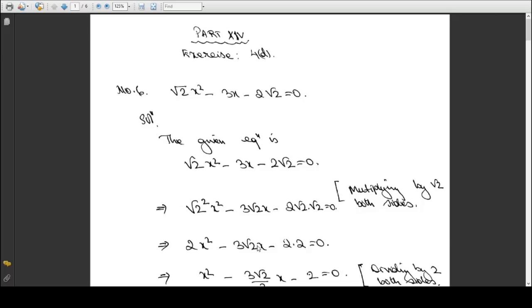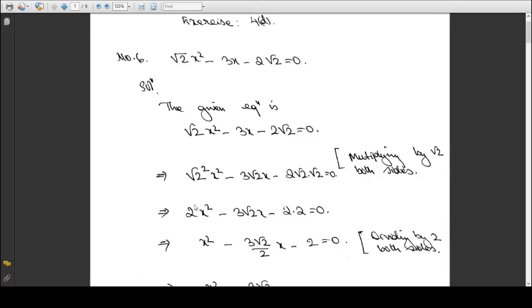And then the next step, because you have to get rid of this coefficient of x squared, that means you will divide the whole thing by 2. You divide this by 2, this 2 gets cancelled, you have only x squared, then 3 root 2x divided by 2, and then 2 multiplied by 2 divided by 2 gets cancelled, you have only 2.